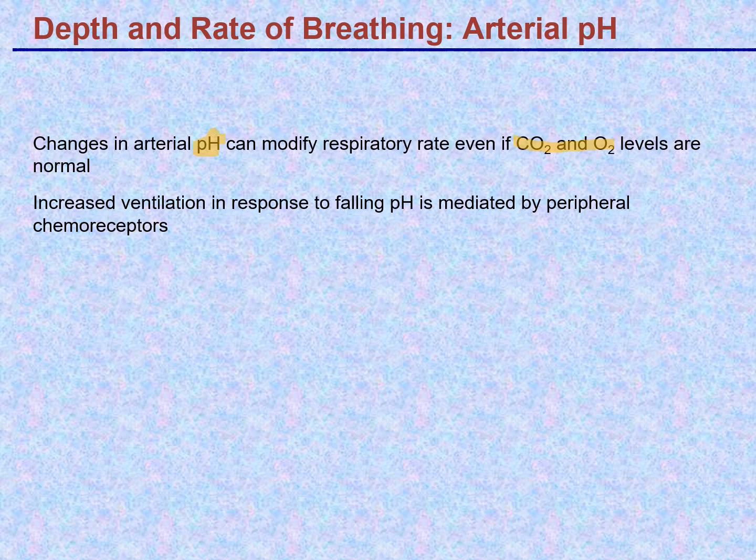So in a situation where there's a change in pH, even if the CO2 and O2 levels are completely normal, that change in pH will modify respiration rate, and you'll get increased ventilation because of a drop in pH. And that's mediated always by the peripheral chemoreceptors, the aortic bodies and the carotid bodies, in the left and right carotid arteries.